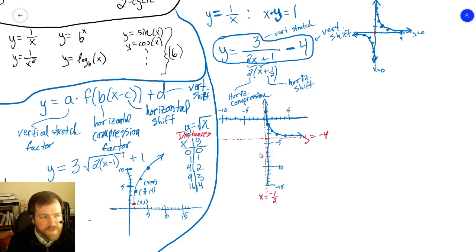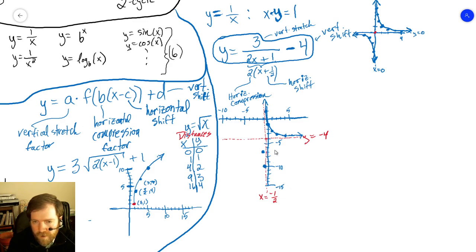All right, on the negative side, we've got the same thing. So go over a half, which brings us to negative 1, and then we go down 3. 1, 2, 3. Again, triple our original y distance, which would have been 1. So over a half, down 3, gets us to this point. Then, again, you go half the x distance, you're going to double the y distance. So 3 now becomes 6.